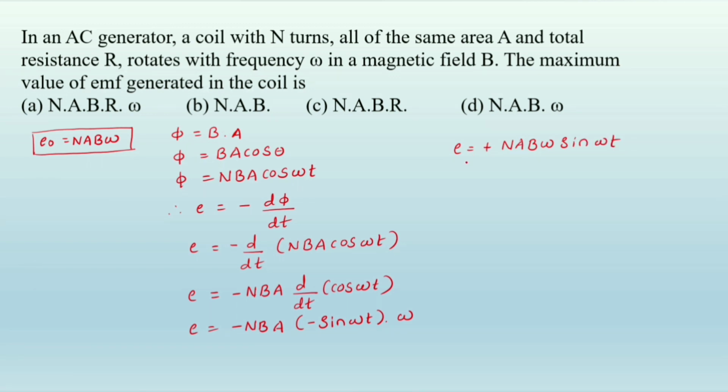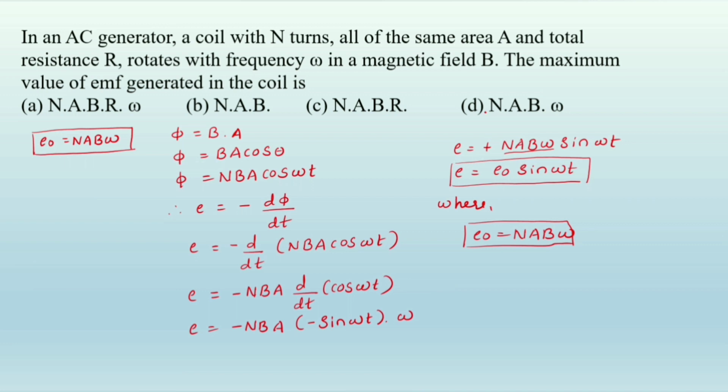Right? So here we can write this equation as E equal to E naught sin omega t. This is instantaneous EMF, where E naught equal to, what is E naught here? NAB omega. So again the final answer is option D.